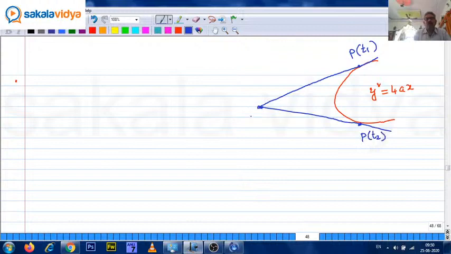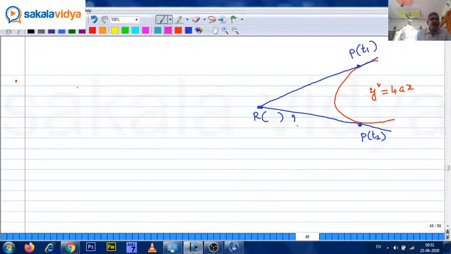Now say R is the point of intersection of these two tangents. So this R we need to find out. That means the point of intersection of the tangents drawn at T1 and at T2.